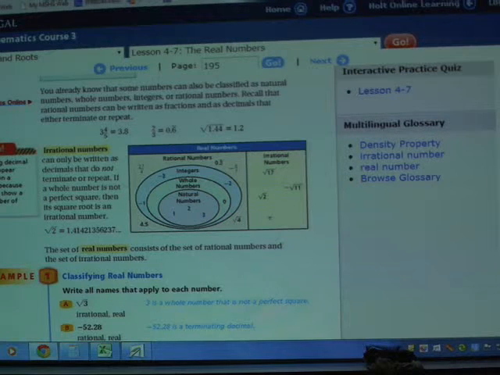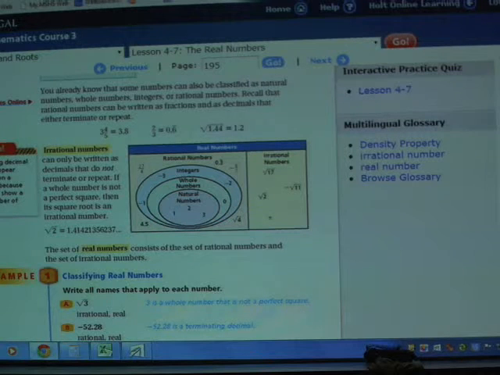And when we punch in the square root of 5, what we see is the result happens to be 2.236067978. So what we see is that number is going on and on and on here, but it does not have a pattern to it.